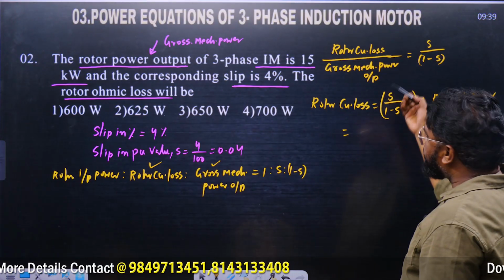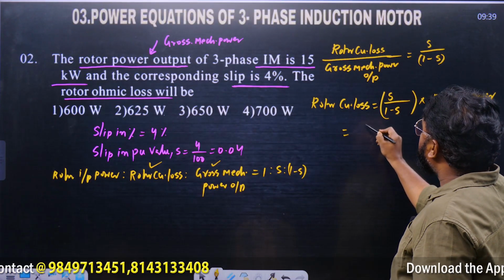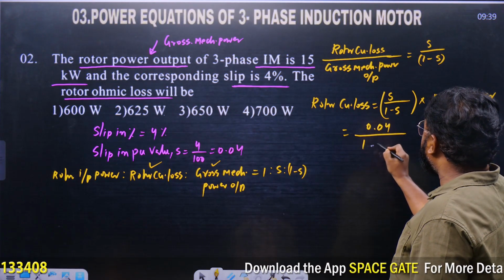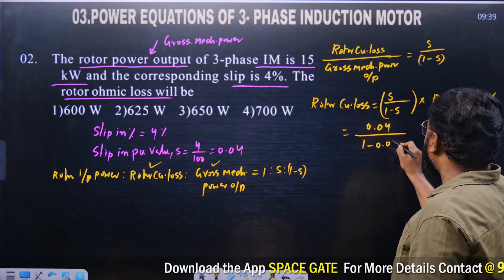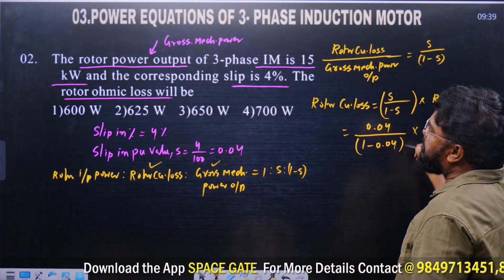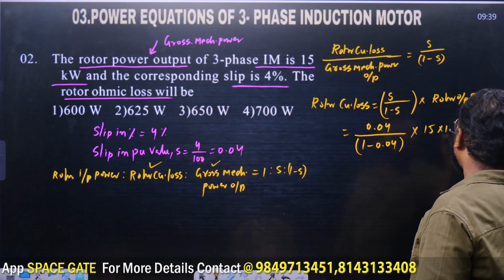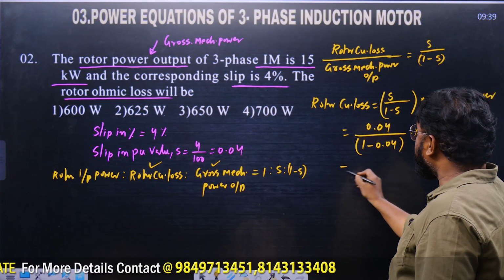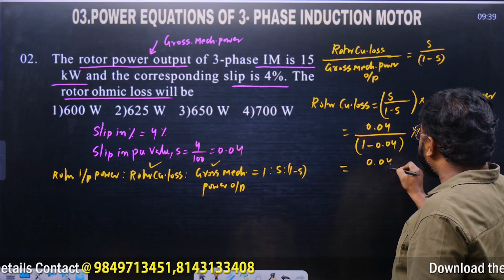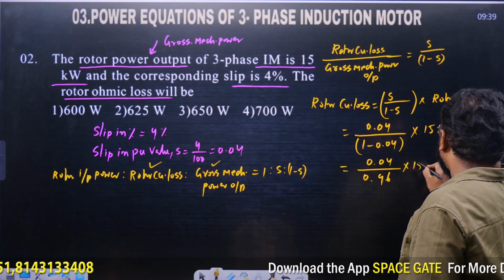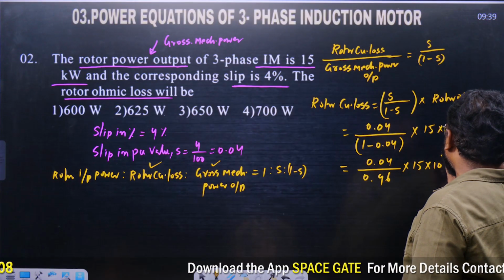What is the value of S? S is equal to 0.04 divided by 1 minus 0.04, multiplied by 15 kilowatts, that is 15 into 10 to the power of 3. So 0.04 divided by 0.96 multiplied by 15 into 10 to the power of 3.